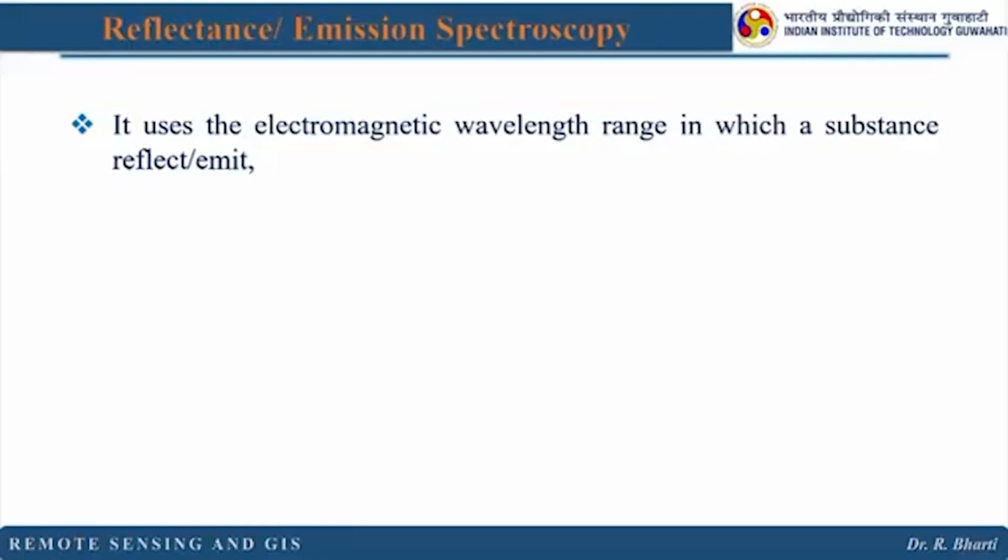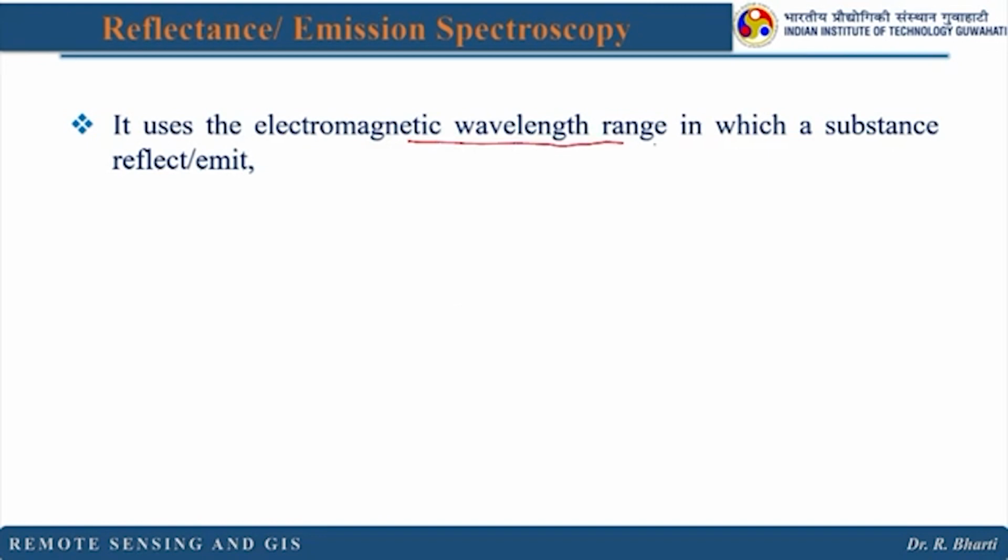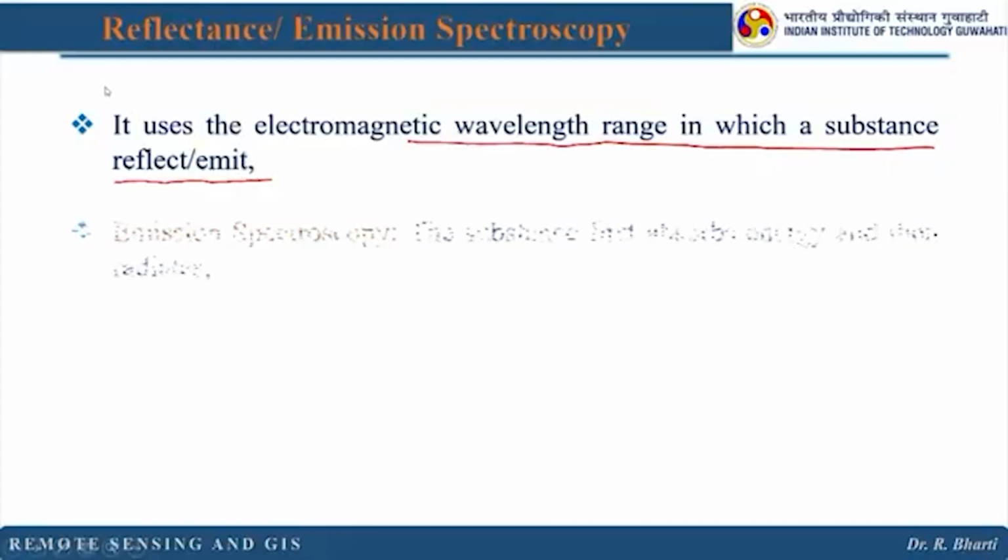It uses the electromagnetic wavelength range in which a substance reflects or emits. So again you need to know whether your target is sensitive to this particular wavelength range or not. If so, then you can use this wavelength range and that particular instrument, and subsequently derive the reflected or emitted spectra.